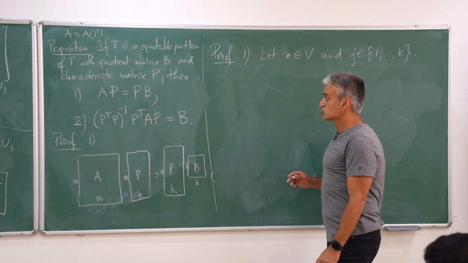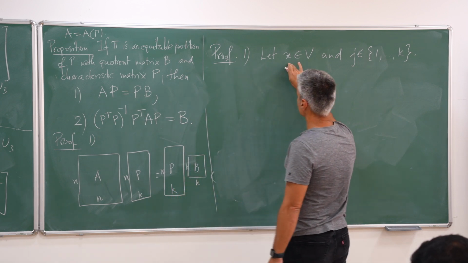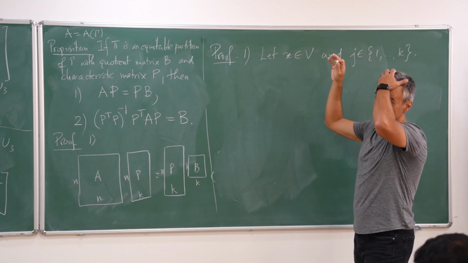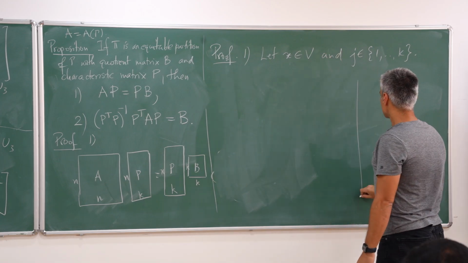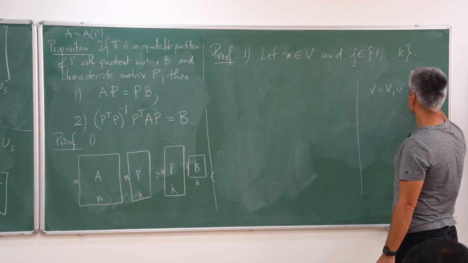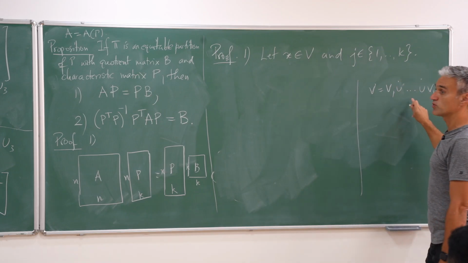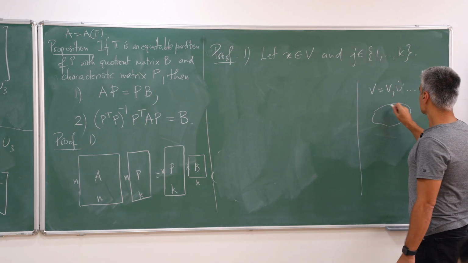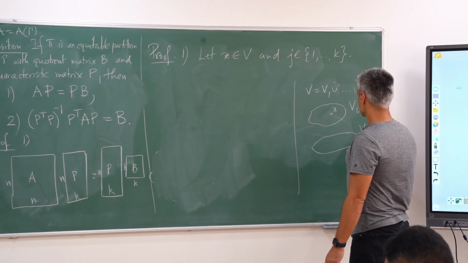Okay, so let's see. Now what will help us is to know exactly the position of X. So as before, V is a partition V1 to Vk, and we just pick X in V, so X is going to be in one of these subsets. So we just have to give a name to that subset. So let's say this is going to be Vi, this is X, and this is going to be Vj.